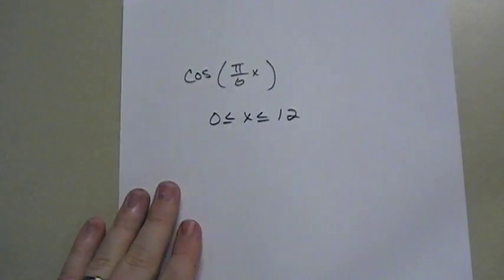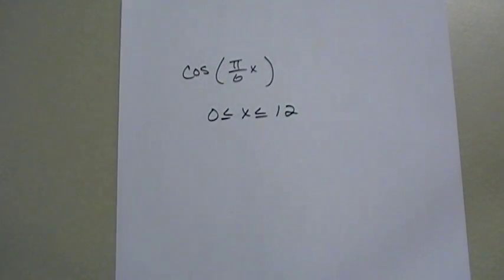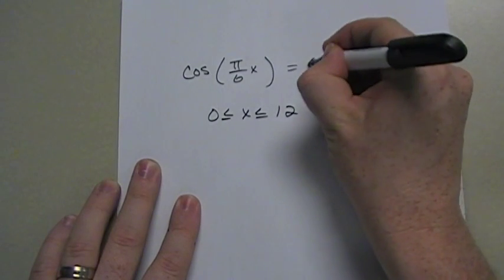Now let me briefly show you one a little bit easier, but this is the one that was on the AP exam last year. What threw people about this one was the fact that the coefficient was pi over 6. And the nice thing was it asked when it was equal to 0.